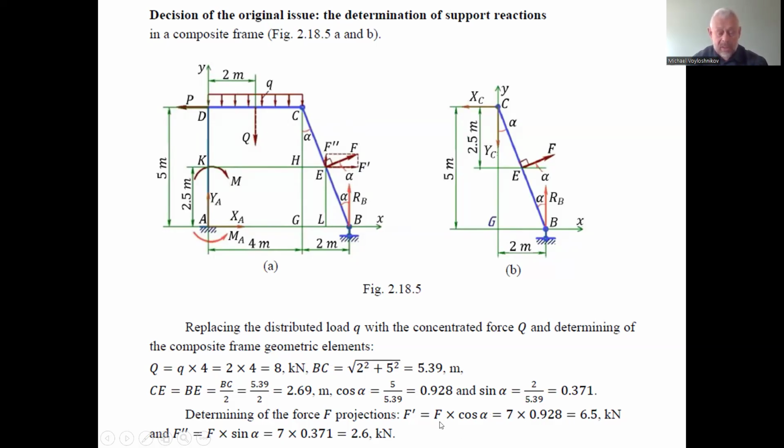F stroke is the product of magnitude F by cosine alpha, 6.5 kilonewton, and F2 stroke, the projection of the force F onto the ordinate axis, is the product F by sine alpha, is 2.6 kilonewton.